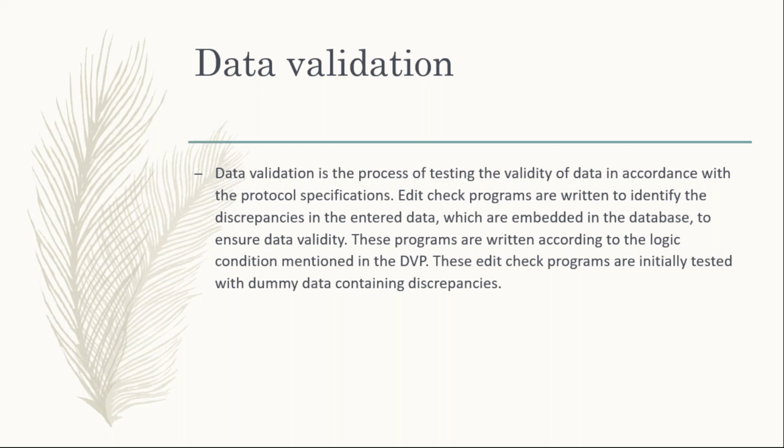So if some wrong data is entered, it will generate a mismatch, or some pop-up will come which says that it is not in accordance with the protocol or it is not within the range that is mentioned.